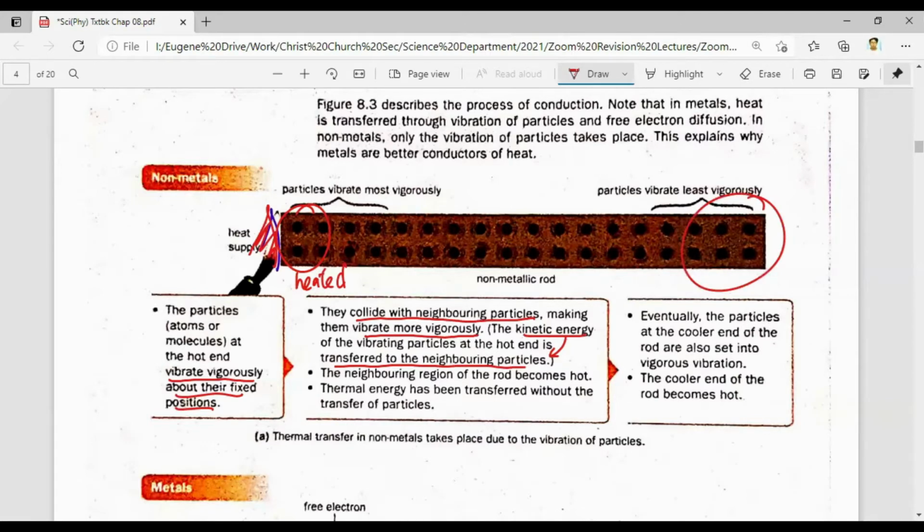So you can see here: heat up, vibrate vigorously about fixed position, collide, making them vibrate more vigorously. And why is it so? Because the KE is being transferred to the neighboring particles. This process will carry on.